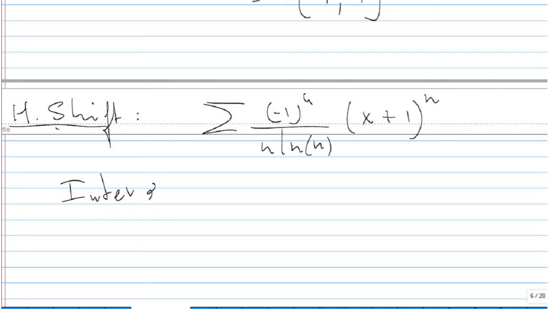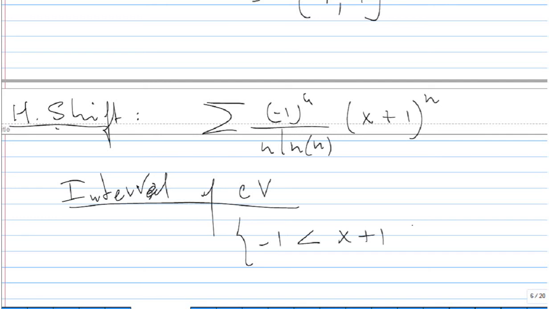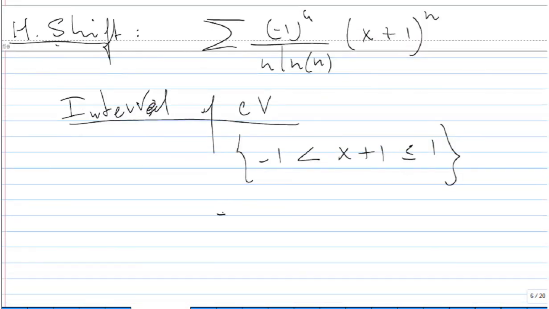The interval of convergence is going to be the set of x such that x+1 is between minus 1 and less than or equal to 1, which is equal to, bringing minus 1 to the other side, x between minus 2 and 0. Or if you prefer, the interval (-2, 0], where 0 is in and minus 2 is out.